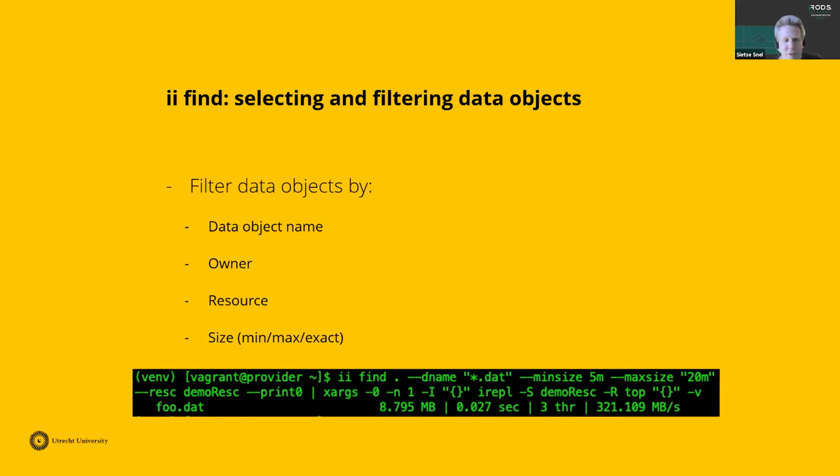And the print0 option is meant to make it work with data objects that have white space in them. So that's redundant if you don't have such data objects.